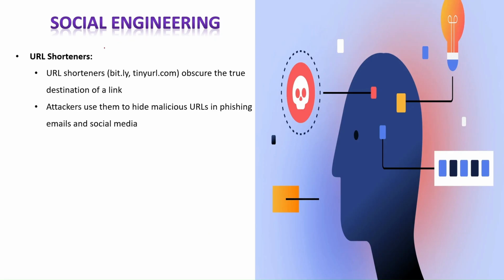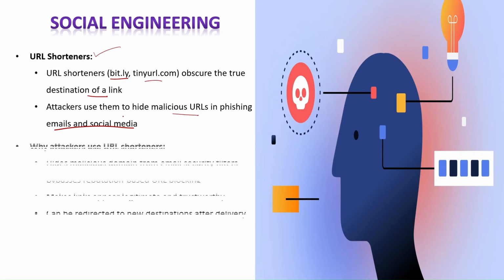Another social engineering trick is URL shorteners. We have websites that provide these facilities, such as bit.ly and tinyurl.com, which obscure the true destination of a link. So attackers use them to hide malicious URLs in phishing emails and social media.